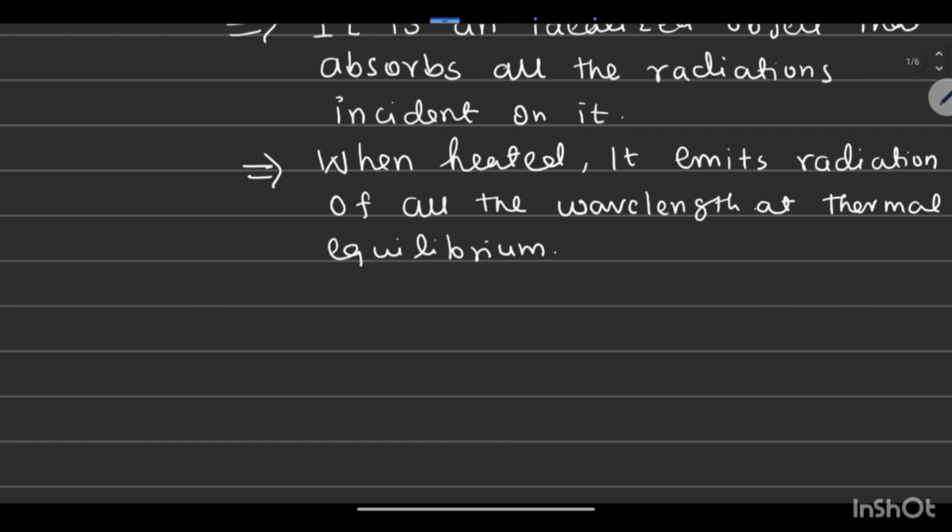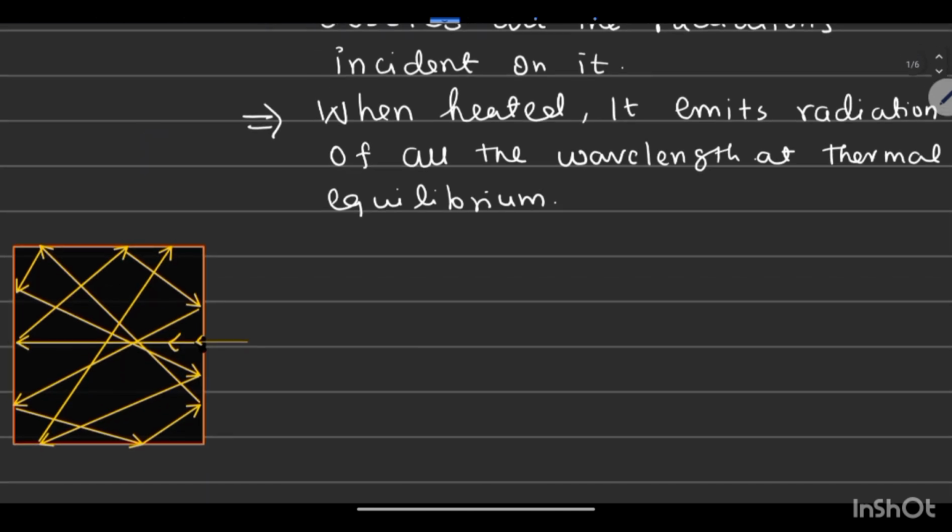Using the following setup, you have to take a hollow cavity with a small hole in it, and the inner surface of the cavity is highly polished such that if a light ray enters this body, it undergoes multiple reflections and finally dissipates all its energy into the cavity itself.